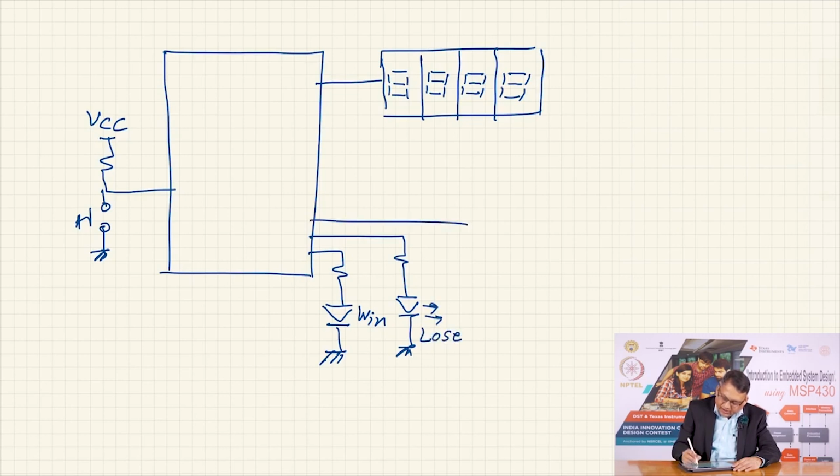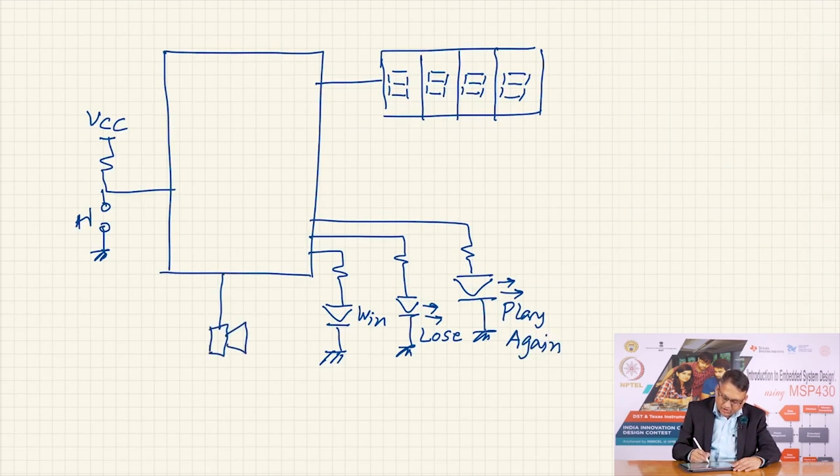A third LED, in case it is neither win nor lose, then it must indicate that now the user has to press the switch again. So, we call it play again or PA, play again. You could also have a buzzer to indicate some result.